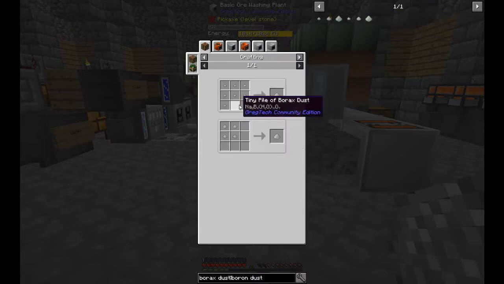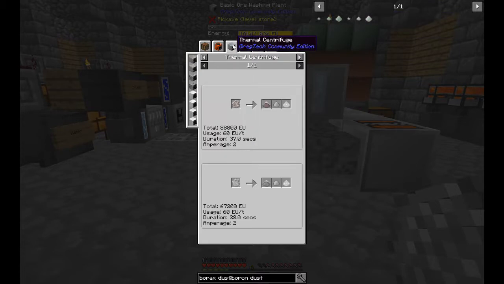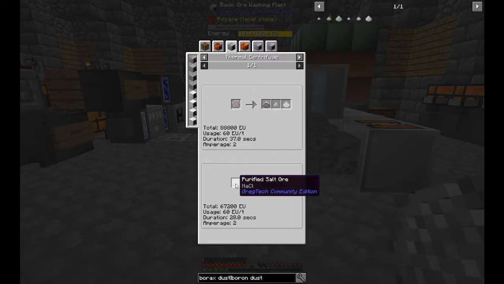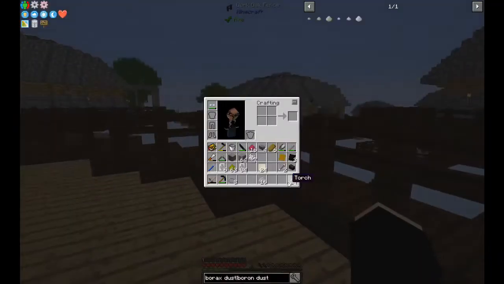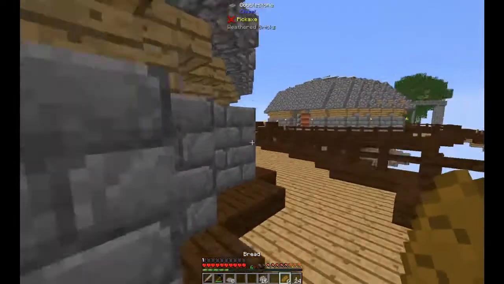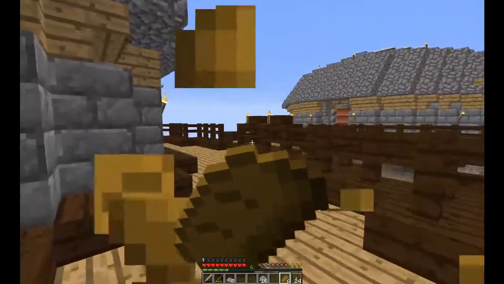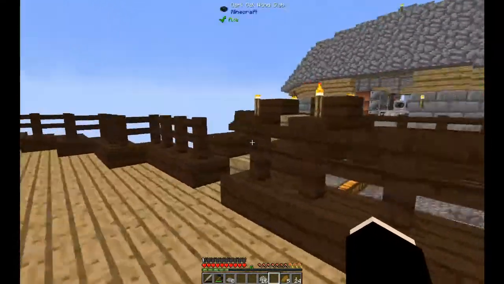Oh dear, borax dust from purified salt ore in the thermal centrifuge. That's it. Okay. And oh, I thought it was out of bread. Well, almost. Okay.